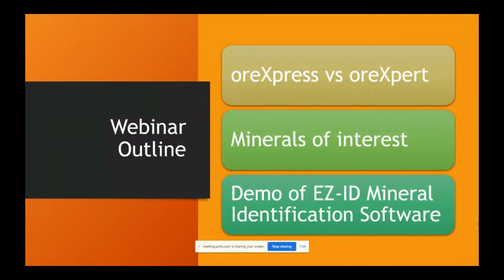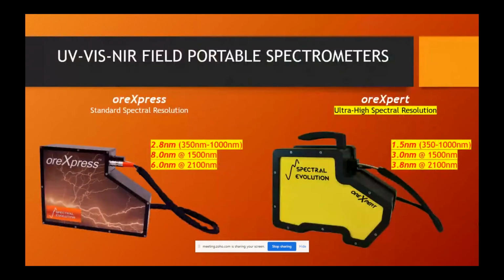We'll be looking at relevant examples of minerals throughout different mining applications and how spectral resolution differs. And to wrap things up, we will be looking at some of those minerals in our EasyID mineral identification software and check out our GeoSpec high resolution library.